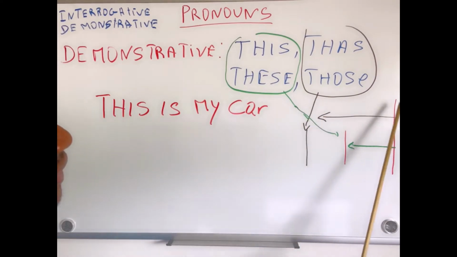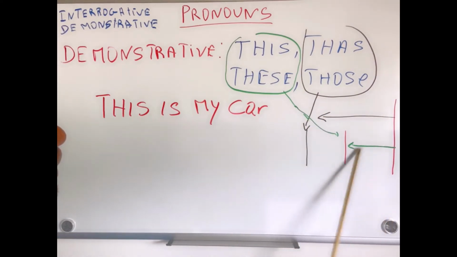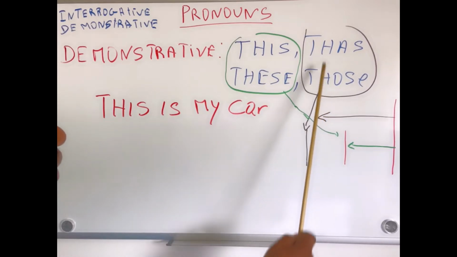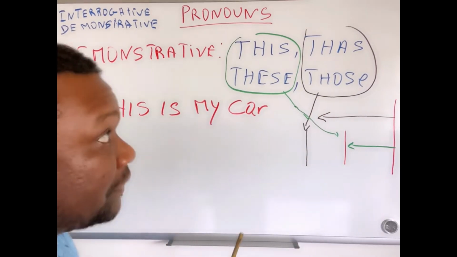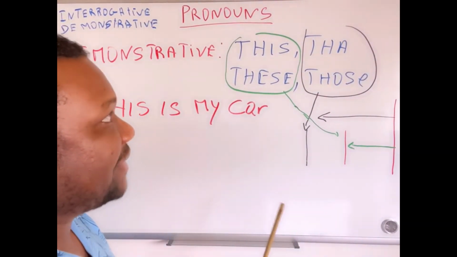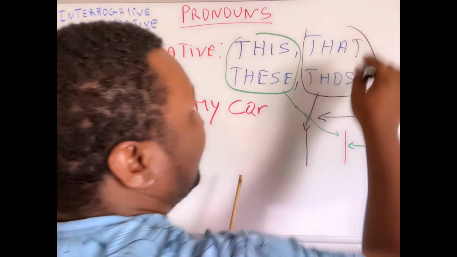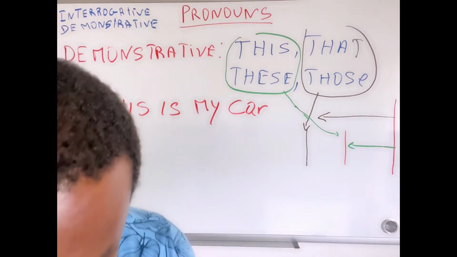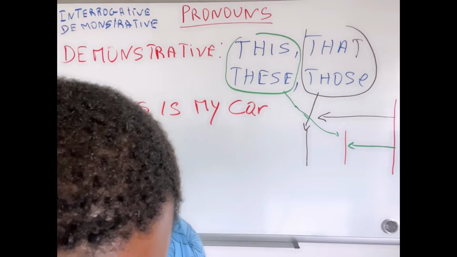As you can see, this is the destination. You use these for this one because they are closer, and for the black thing you use that. Pardon, this is that, and those, because they are far away. This is my car, or those are my properties.